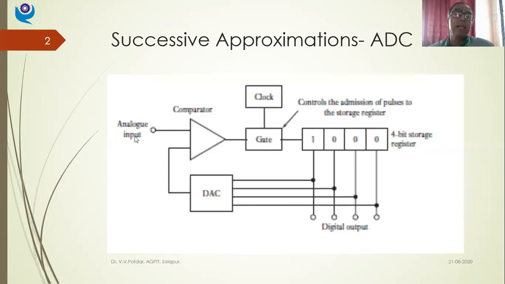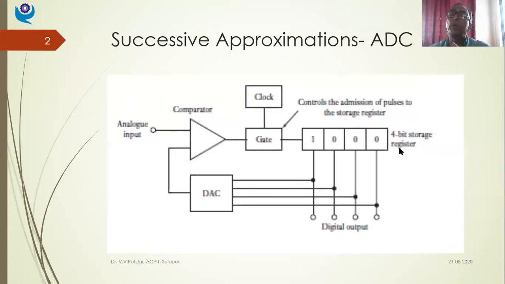This is the analog signal that I am getting from my sensor transducer. I want to convert this analog signal into digital form. This is my requirement. The analog signal received from the sensor transducer is to be converted into digital output.